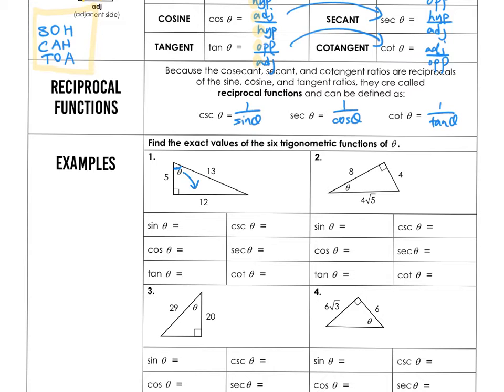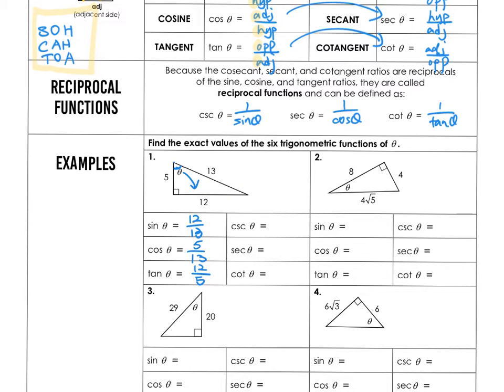So opposite is 12, hypotenuse is 13. That's it. And then cosine is what? CAH: adjacent of theta is 5, and then hypotenuse is 13. Tangent is opposite, which is 12, over adjacent, which is 5.